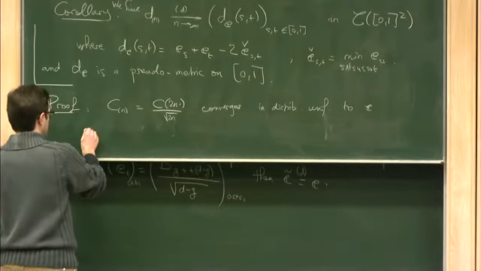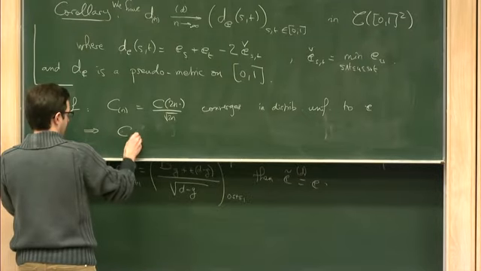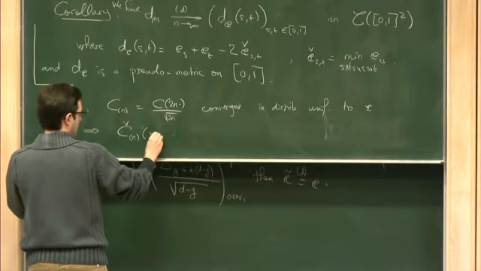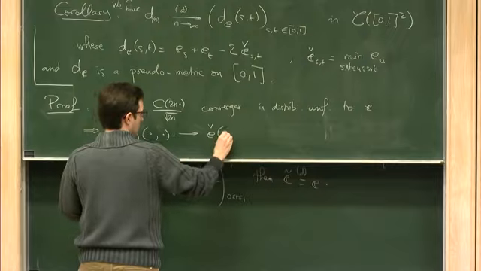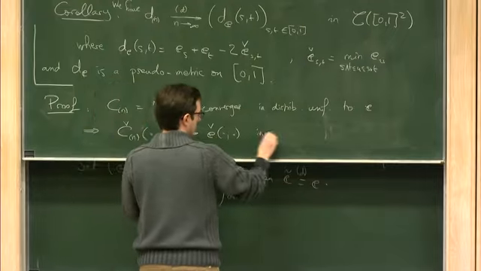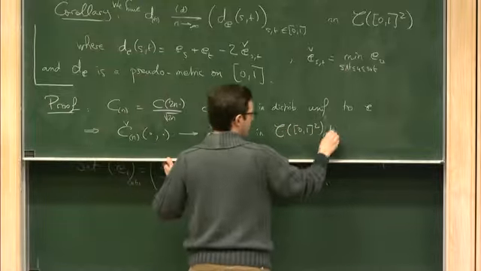It implies that Cn check of these two variables converges to E check of the two variables in C of 0, 1 squared with the uniform norm.